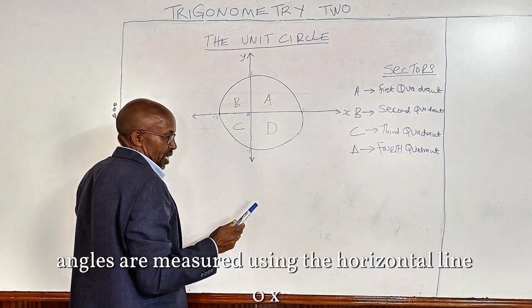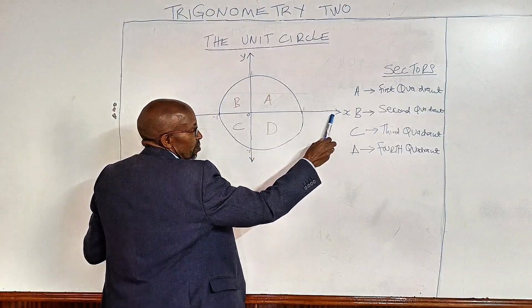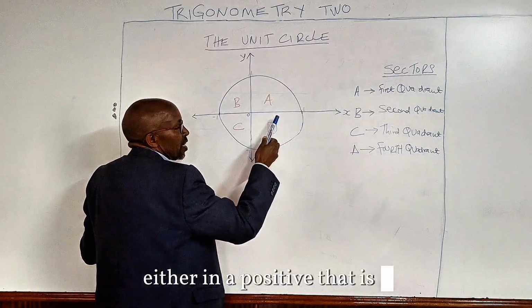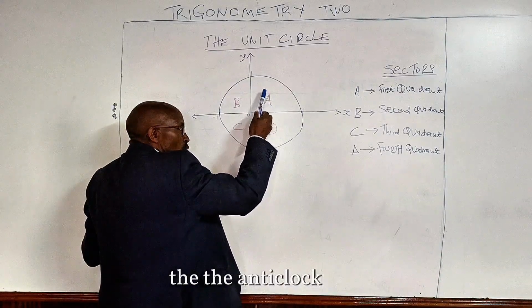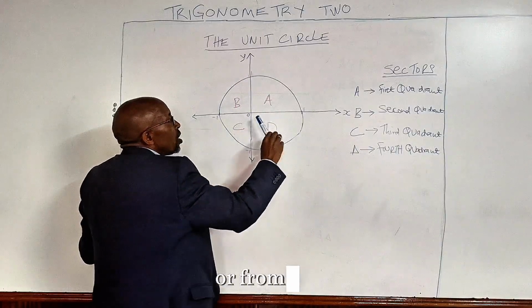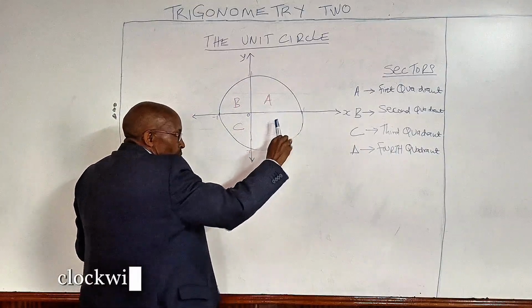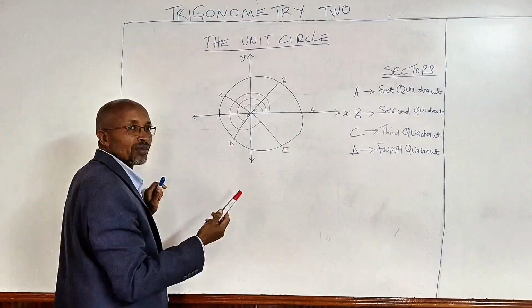Angles are measured using the horizontal line OX, either in a positive, that is the anti-clockwise direction, or from OX clockwise direction, which are negative angles.